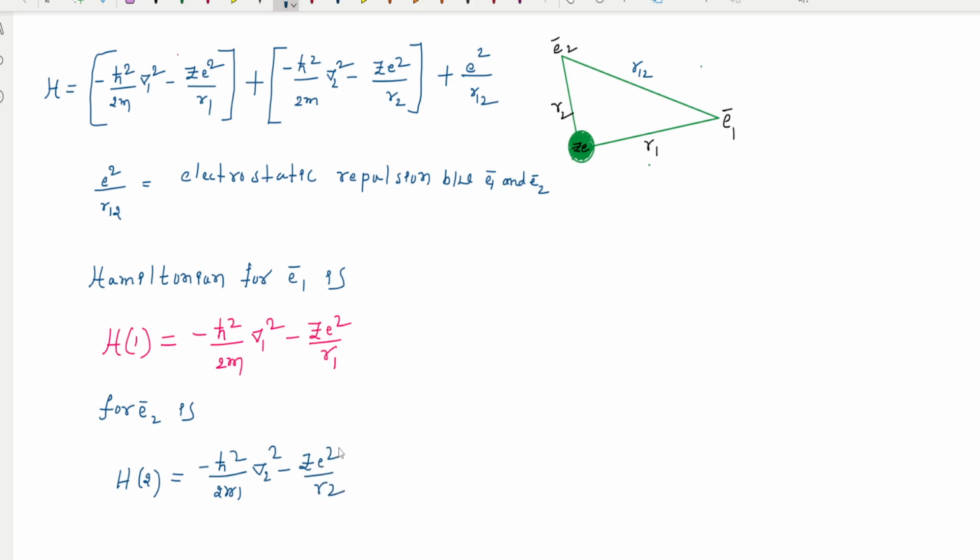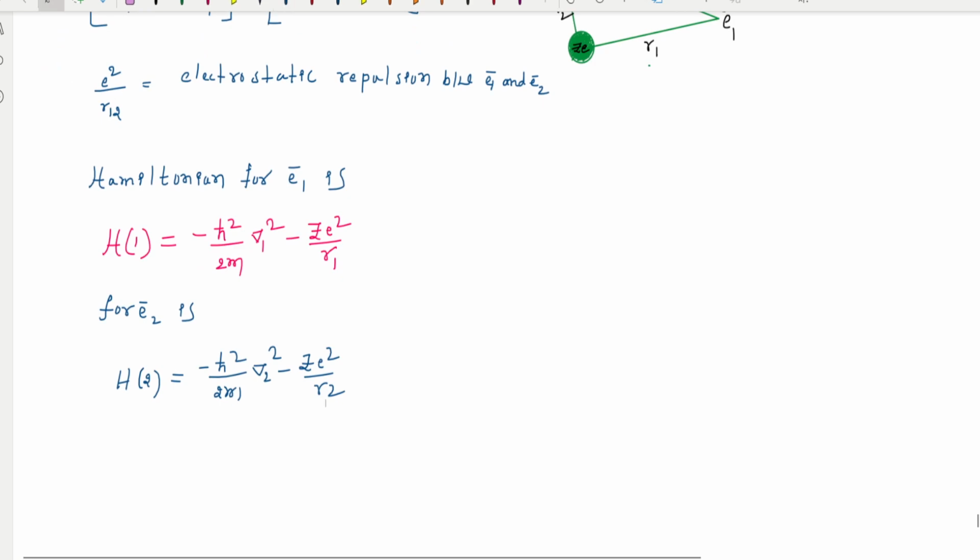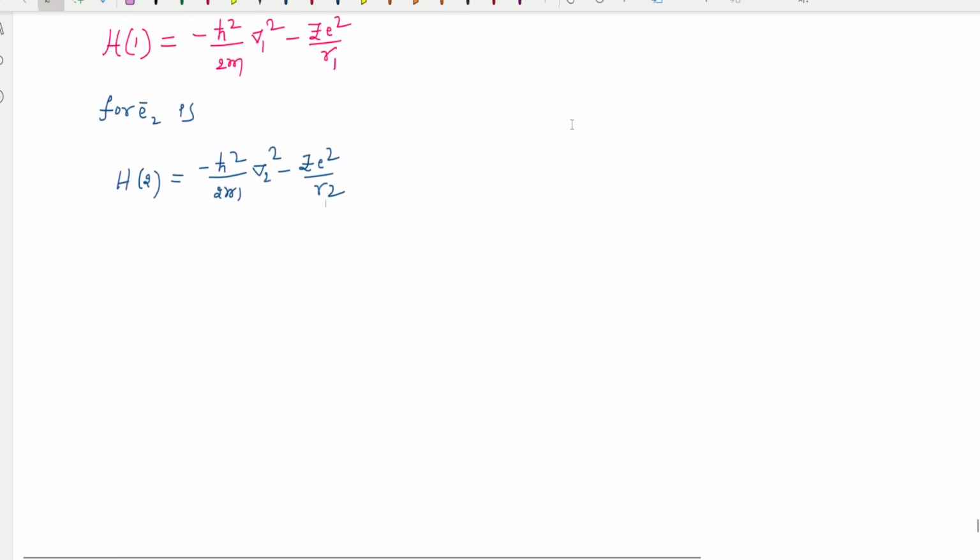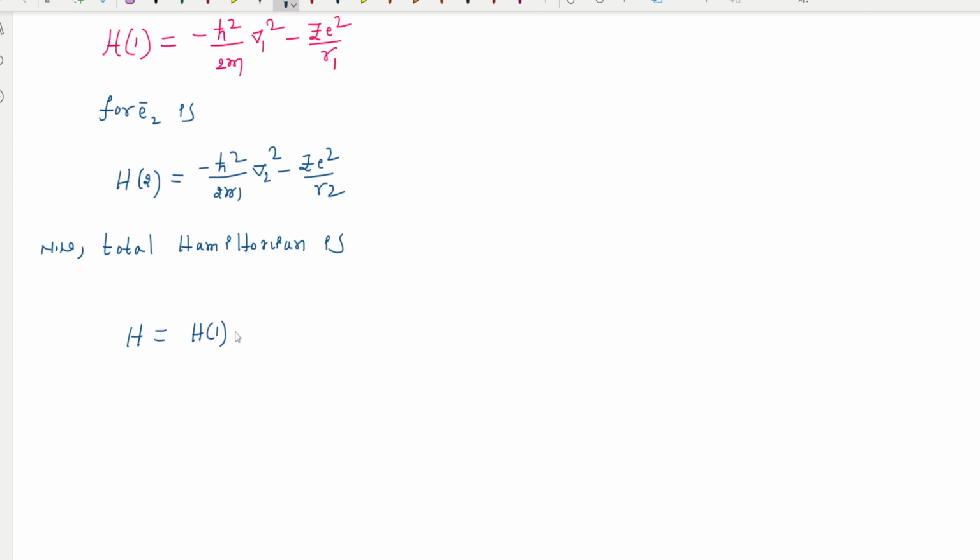So now the total Hamiltonian of the system I'm going to write like this: H equals H1 plus H2 plus the electrostatic potential energy.